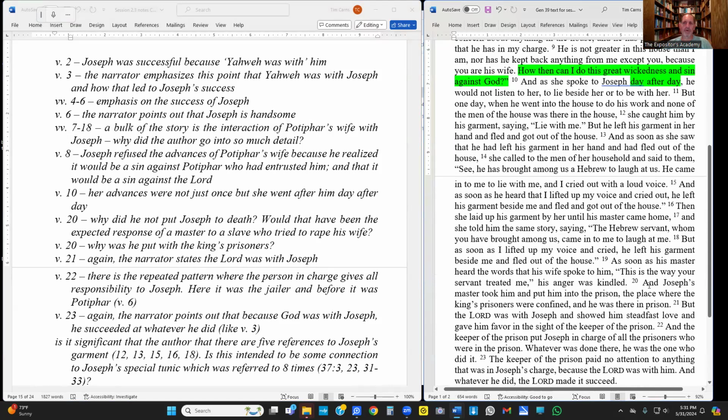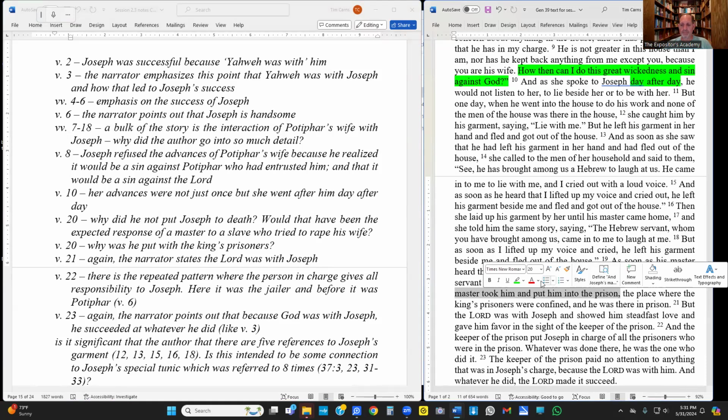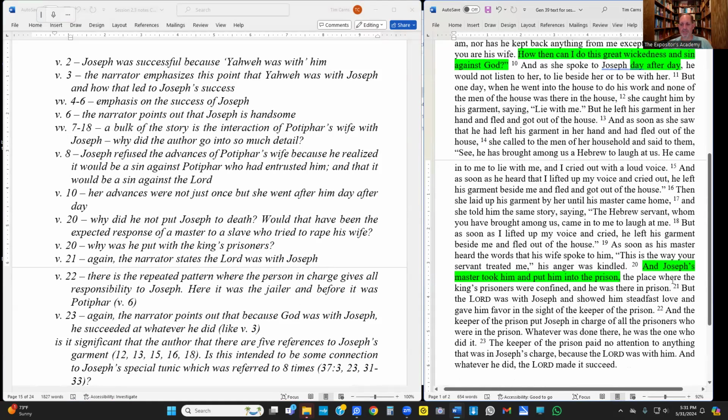I wondered, why didn't Potiphar kill him? I'm sure that could have been an option, but instead, notice it says that he put him in prison. That was a question for me. And then why was he put with the king's prisoners? Notice it says the place where the king's prisoners were confined. That was another question that stuck out to me.